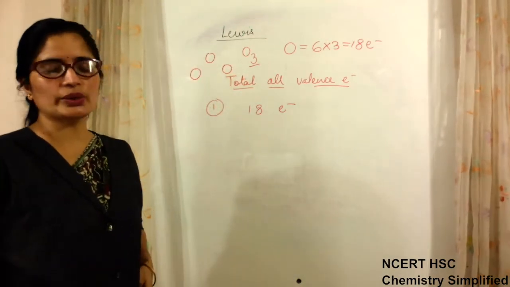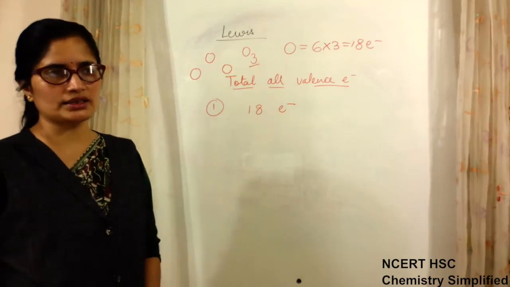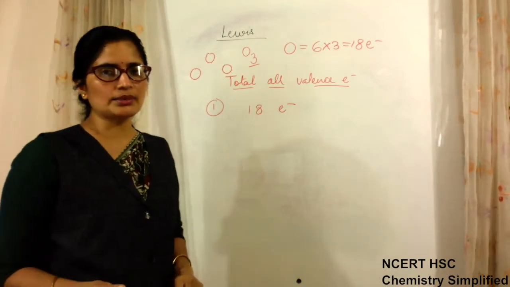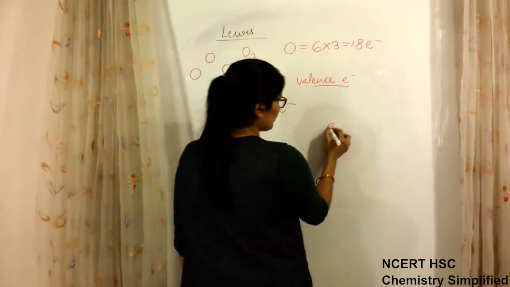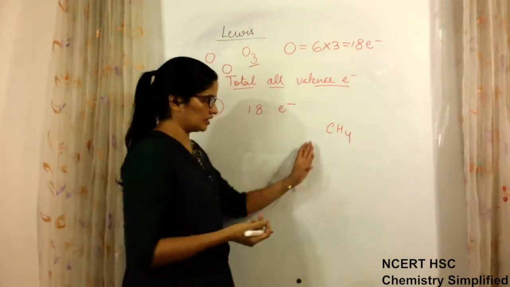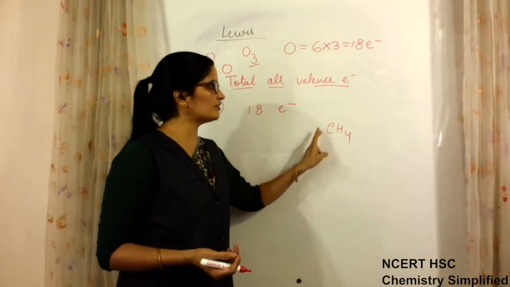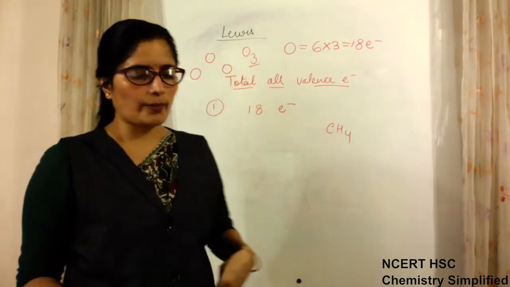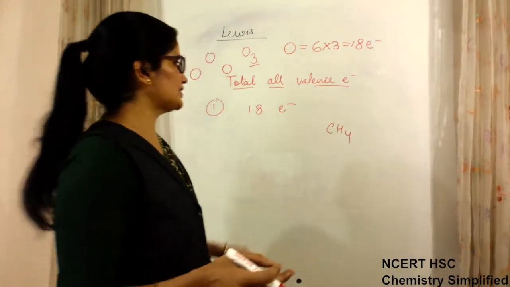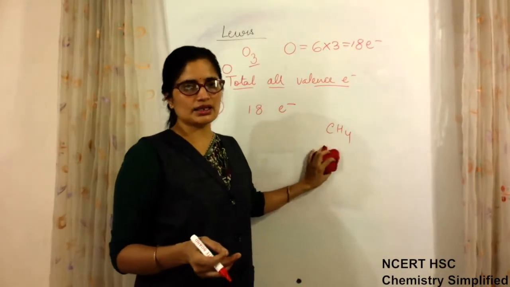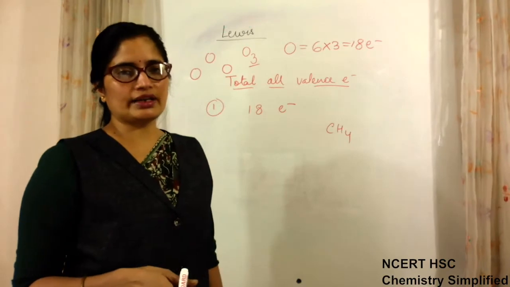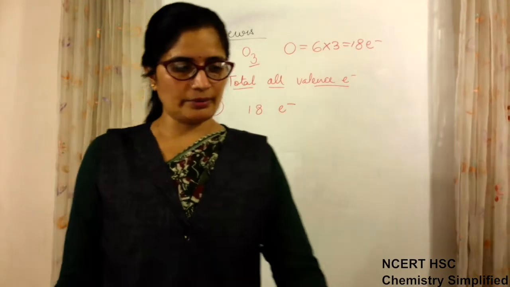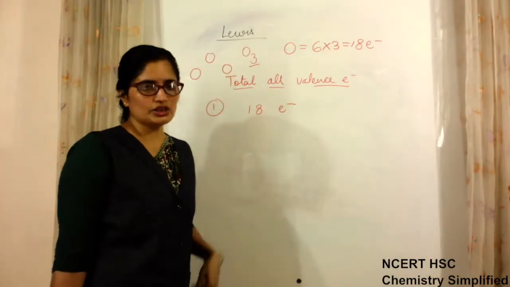But if such a molecule is there in which different types of atoms are there, generally we have to make one central atom, and around the central atom bonds are made. For example, if we take methane, one of them will be a central atom, and around that central atom other bonds will be formed. Whenever different types of atoms are there, the less electronegative element is always made the central atom, and the more electronegative are placed on the outer side.